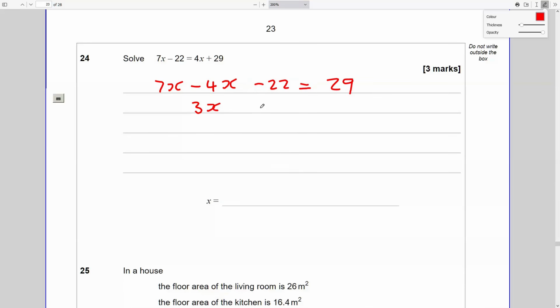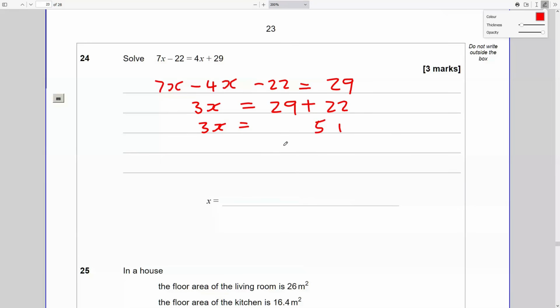And then we're going to add 22 to both sides. So that's going to get rid of it there. 29 plus 22. Okay. So 3x equals 51.